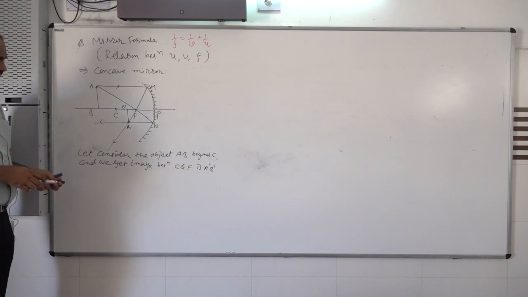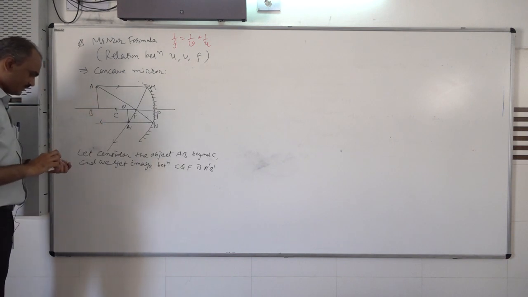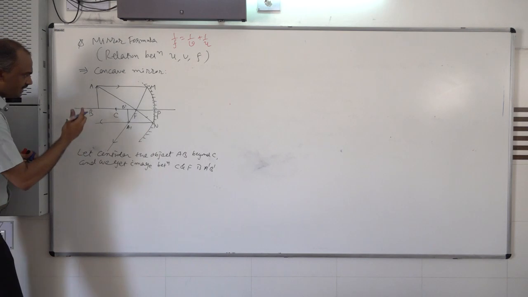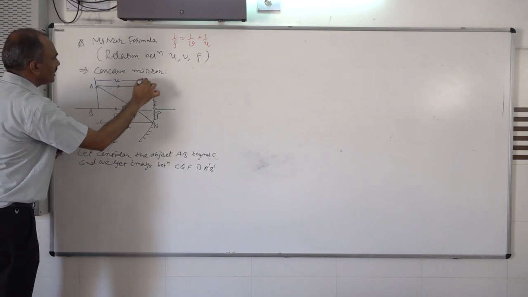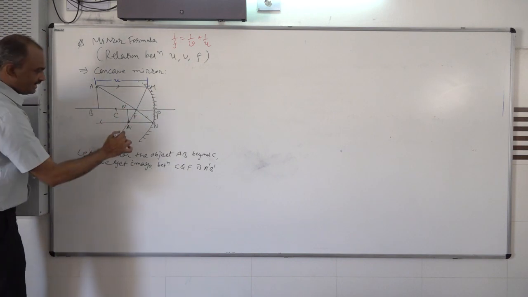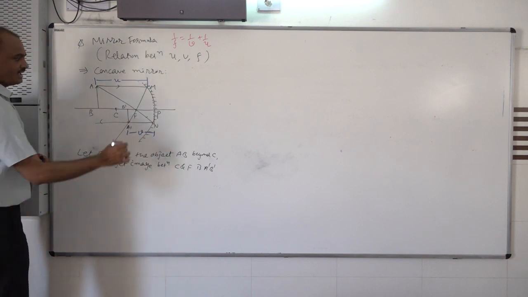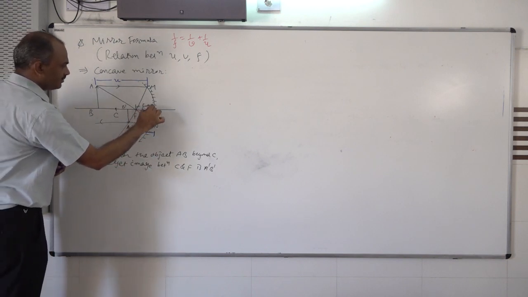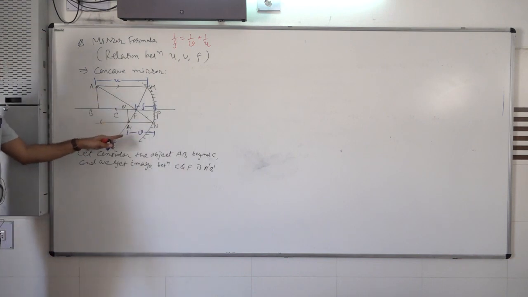Here U is the object distance, this distance is the image distance V, and this distance is the focal length F. We have to derive the relationship between U, V and F.